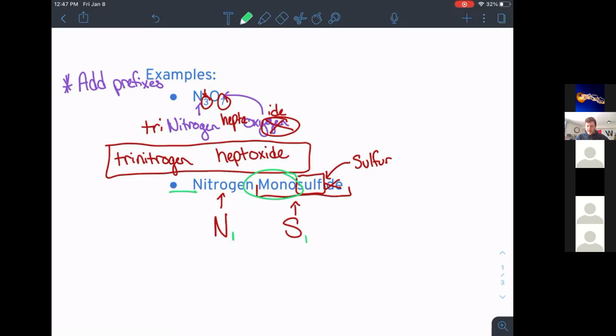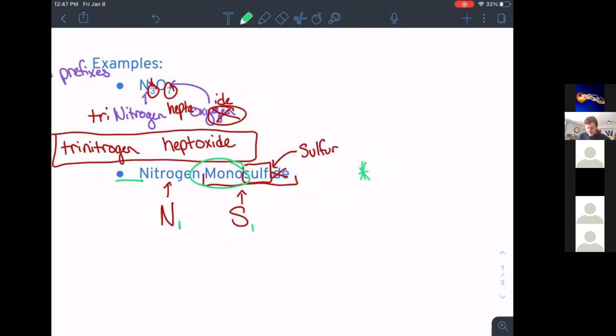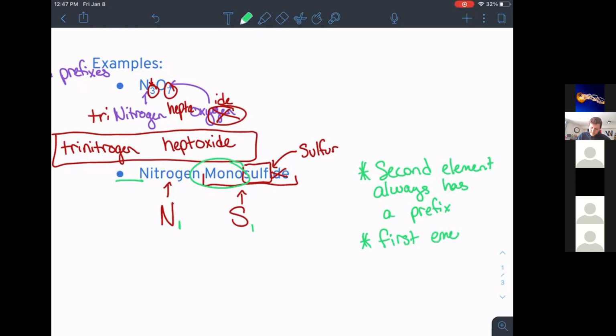It's also a 1. The second element always has a prefix, no matter what. The first element has a prefix if the value is more than 1.